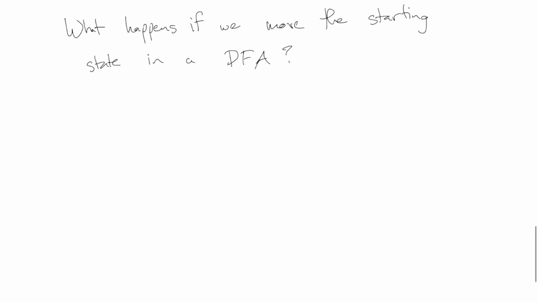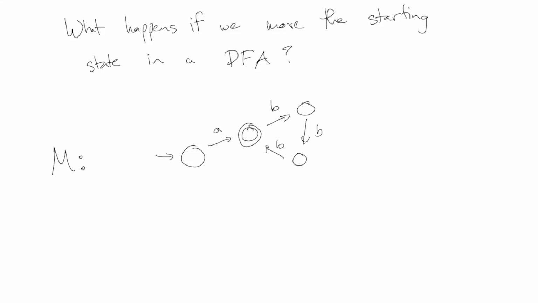So in order to think about this, I have an example. I'll call this M. This is a slightly complicated DFA. I want it to be a DFA, so I have to insert some more arrows. All of the other arrows go to a permanent failure state, which I'll put down here.